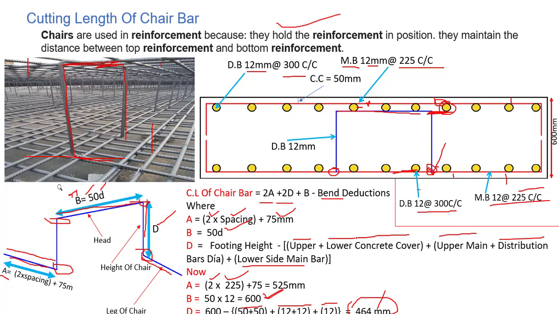For bend deductions we have four 90 degree bends, this one, 1, 2, 3 and 4, so 4 into 2D for the 90 degree bends. It will give us a total value of 2482 millimeter, which means 2.482 meter. So this is how we can find out the cut length of the chair bar.